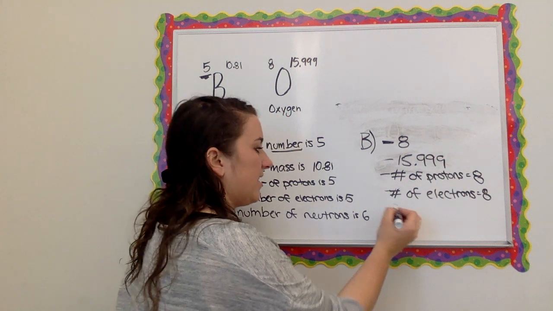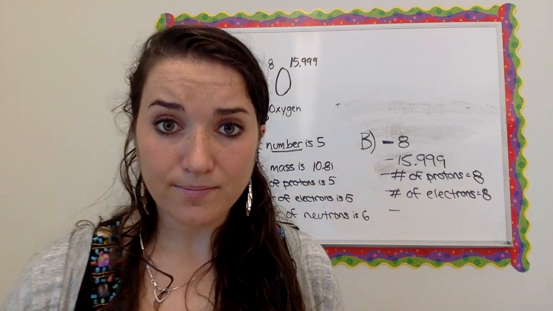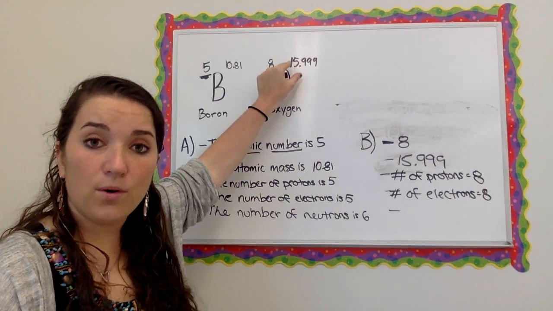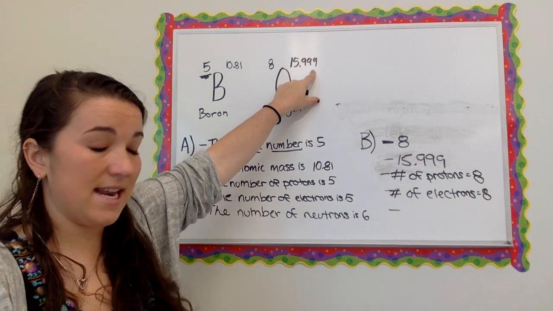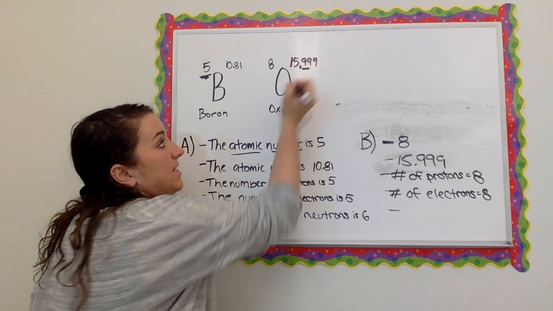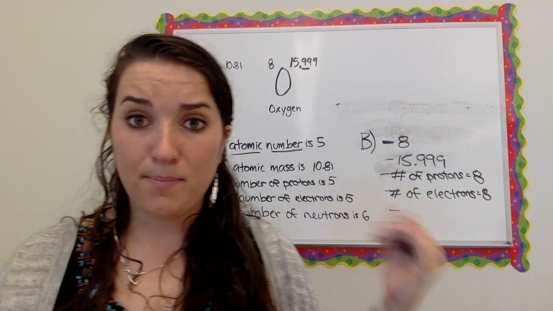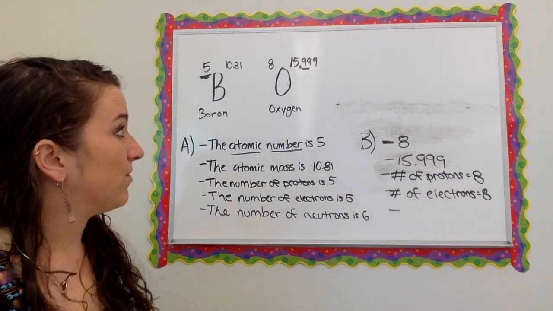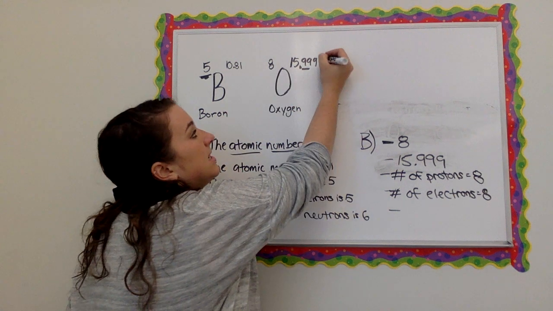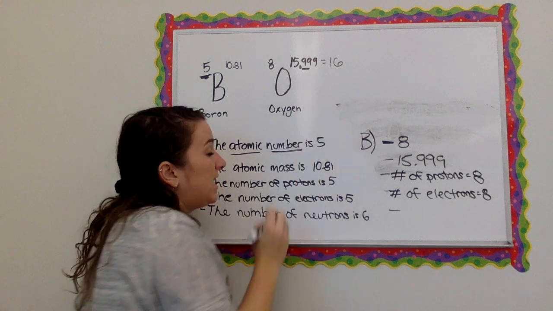All right, and finally the number of neutrons, the tricky part. So first we need to take our atomic mass, the total mass, which is 15.999. Take this number, look one to the right of the decimal, it's a 9, which is bigger than a 5, so I need to round up. So our atomic mass can be rounded to 16.